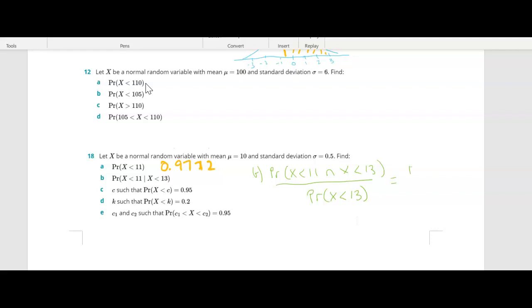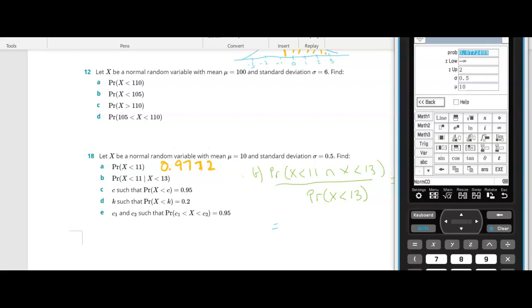So that is equal to the probability x is less than 11 and also has to be less than 13. So what do they have in common? X has to be less than 11 over the probability that x has to be less than 13. All right, so let's just do that on the calculator. I'm going to leave it there.